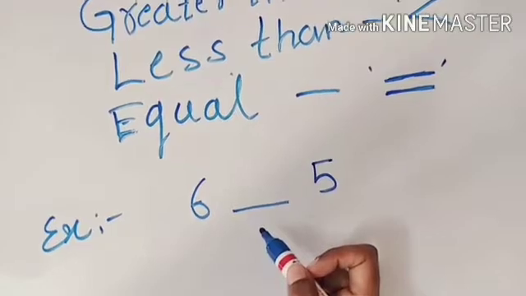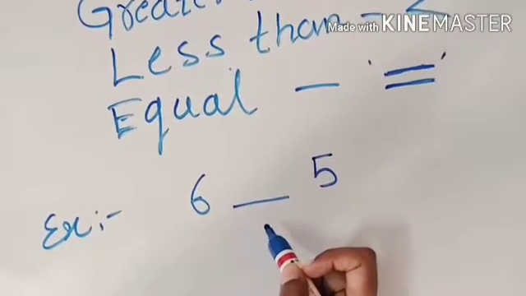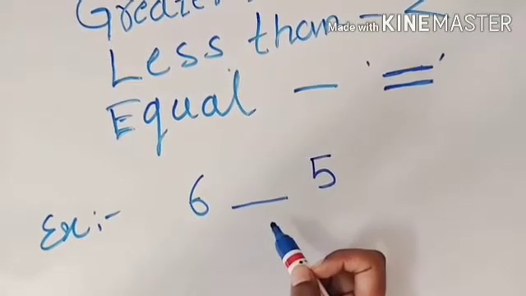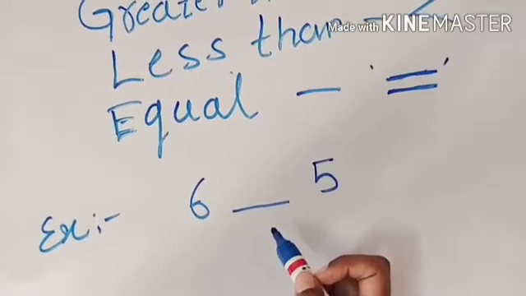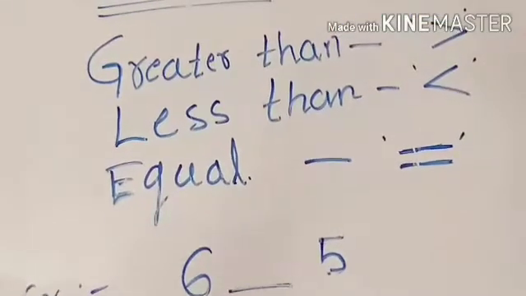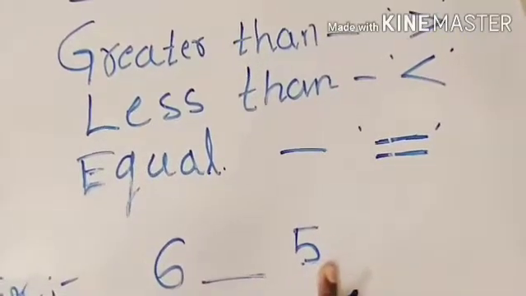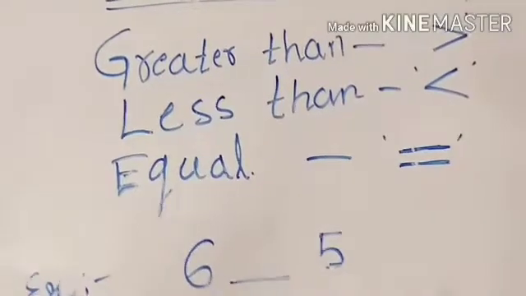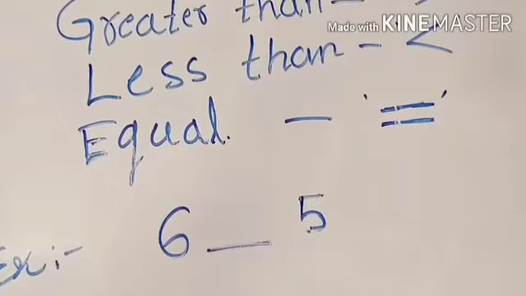If I ask you which one is bigger and which number is smaller, you will be able to answer very easily, right? Tell me children, which number is smaller? Yes, 5 is a smaller number. And which number is bigger? Yes, 6 is a bigger number.